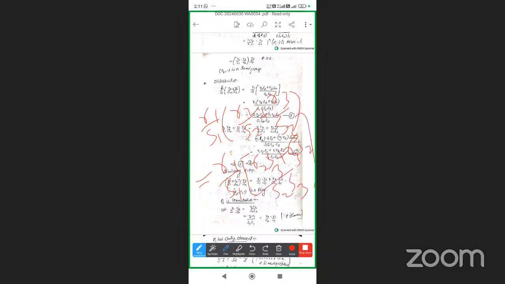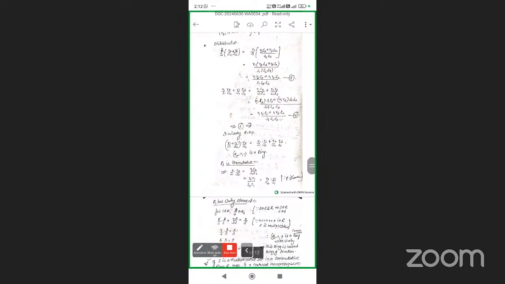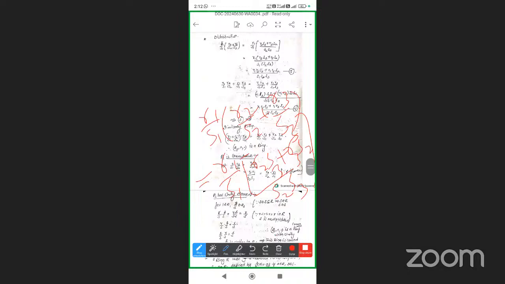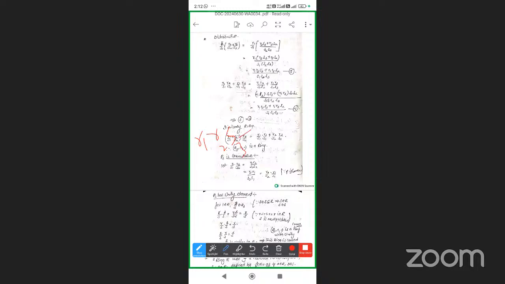Simplifying the product, it is R1 R2 S3 plus R1 R3 S2 by S1 S2 S3. This is the third equation.